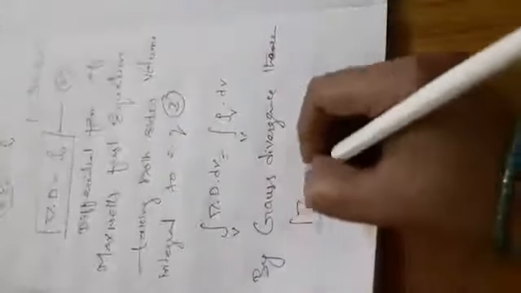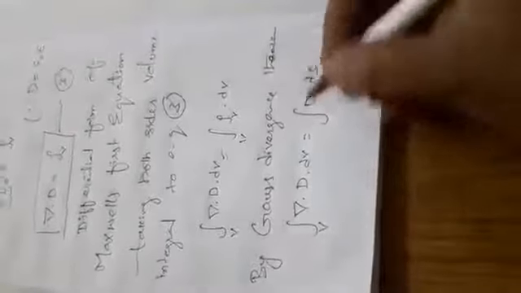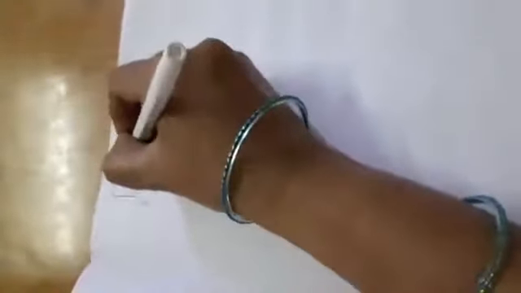I can write del dot D dV over the volume V as D dot dS, that is, volume integral to surface integral over the surface S. Then this can be written as the integral of D dot dS over the surface S is equal to the right hand side as it is, rho V dV over the volume V. This is known as the integral form of Maxwell's first equation.